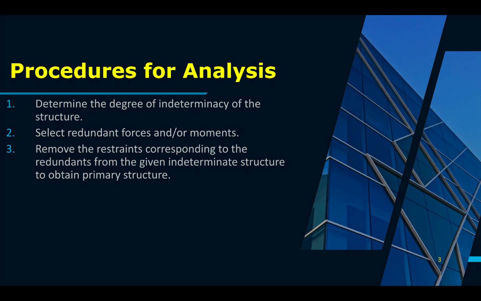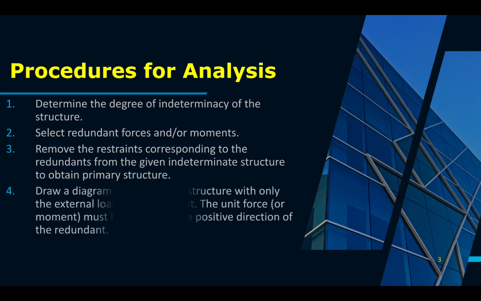Then for number 4, draw a diagram of the primary structure with only the external loading applied to it. The unit force or moments must be applied in the positive direction of the redundant. Next, we have to draw a diagram or sketch a deflected shape of the structure.